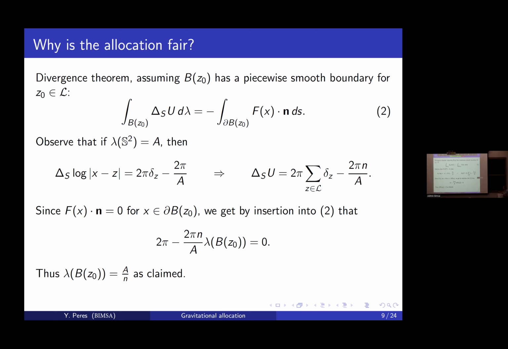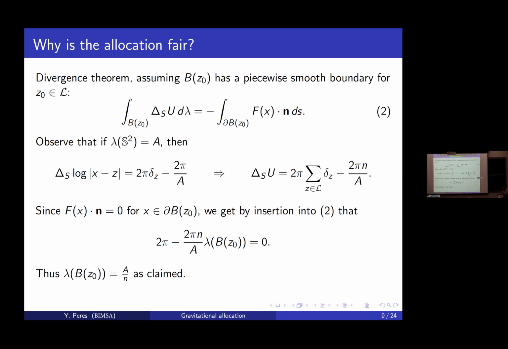Remember the force was minus the spherical gradient of the potential. If we apply the divergence to that, we get minus the spherical Laplacian of the potential. So what you see here is just the divergence theorem applied on one basin. Here you have the force multiplied by a dot product with the outward normal on the basin.